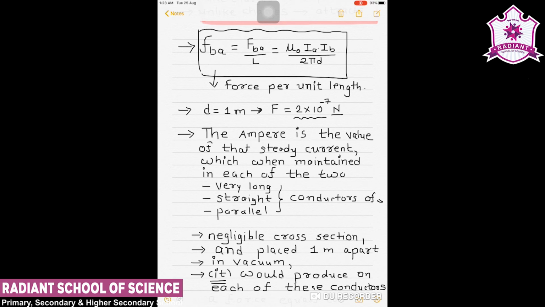So from the above equation, again we can simply explain what is ampere. From that equation, that is force per unit length, if we consider everything to be unit value, then with certain conditions we can have the definition of ampere, which is actually force per unit length.